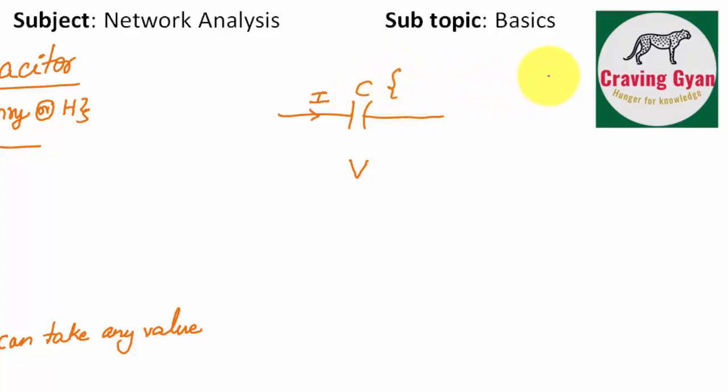Can anyone tell me? Farad. The unit is farad, or represent it by capital F. On the left side, if my font size is small, you can zoom it manually.